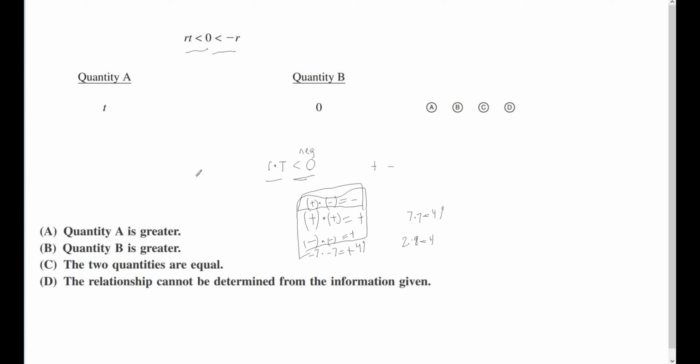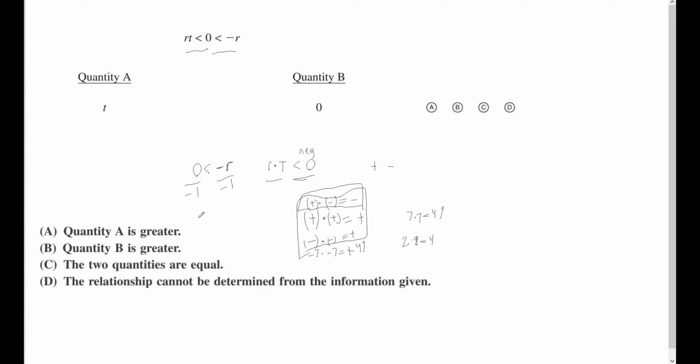We also know that 0 is less than negative r, or in other words, negative r is greater than 0. So negative r is positive. With an inequality like this, you can divide by negatives in order to get a variable by itself. So you can divide this entire thing by negative 1, and you also divide 0 by negative 1.